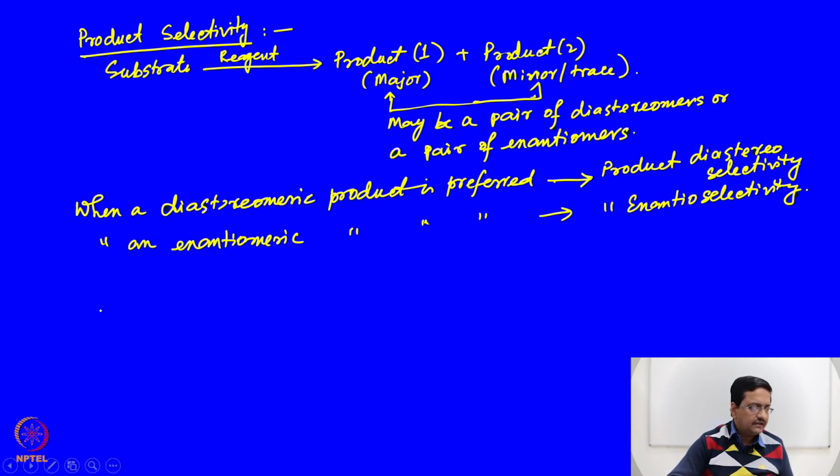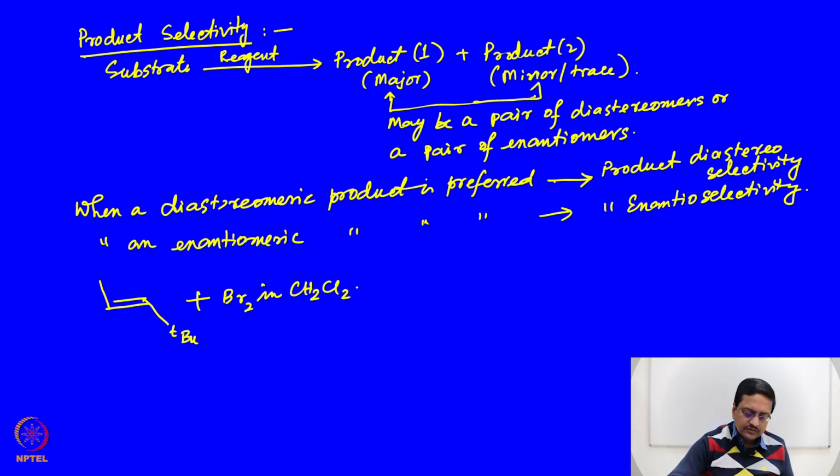Let us try to understand this with a couple of examples. Suppose we are doing a reaction with a tertiary butyl group present on a C=C double bond, and we are doing a reaction with bromine in dichloromethane. I will show you in the next slide that it forms two products.